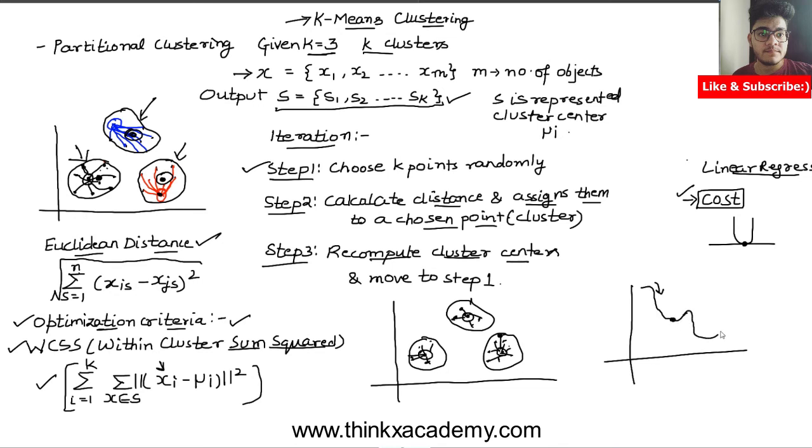So let's say this is the global minima here, and this one is the local minima. At each iteration of the k-means algorithm, when we recompute the cluster centers and recalculate the distances, the sum squared distance, which is this one, is also going to change. And it is observed that after each and every iteration, this distance or this cost converges downwards, right?